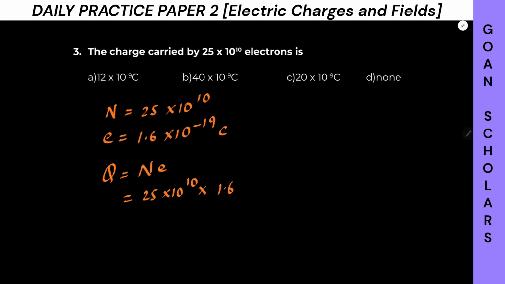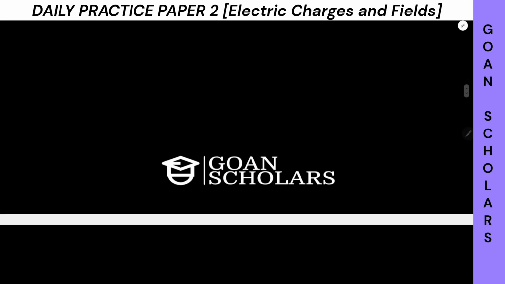E, the electronic charge, is 1.6 into 10 raised to minus 19. Let's multiply 25 with 1.6. We will get 40 into 10 to the power 10 minus 19, which is minus 9 coulomb of charge. So the correct answer here is option B, 40 into 10 to the power minus 9 coulomb of charge.